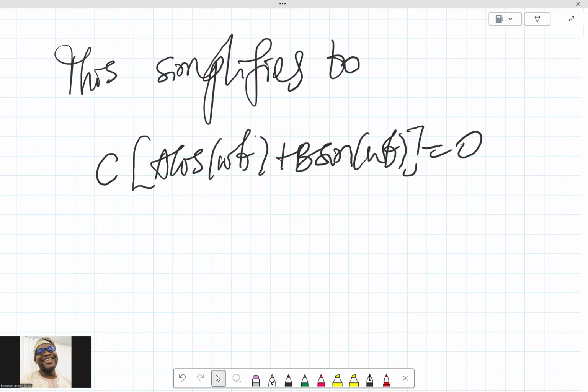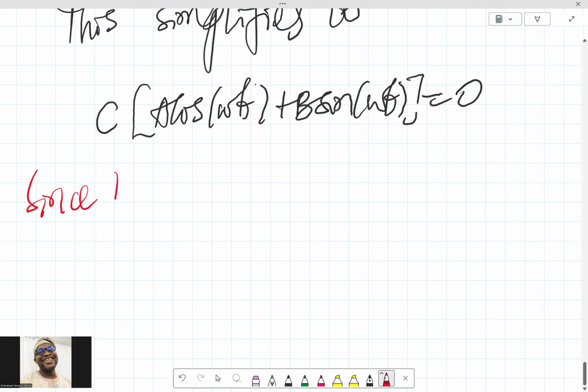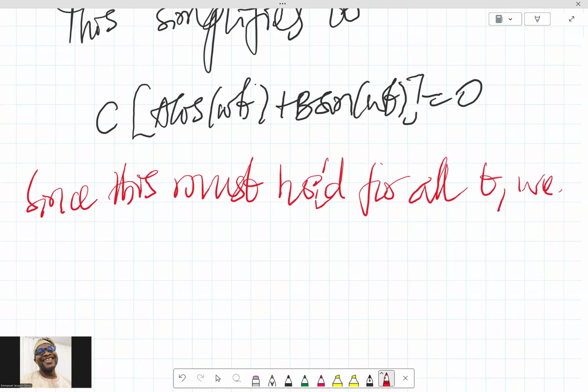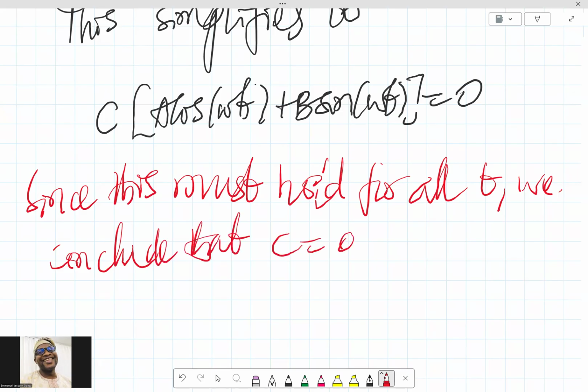Since this must hold for all t, we have to conclude that C, even big C itself, is equal to 0.